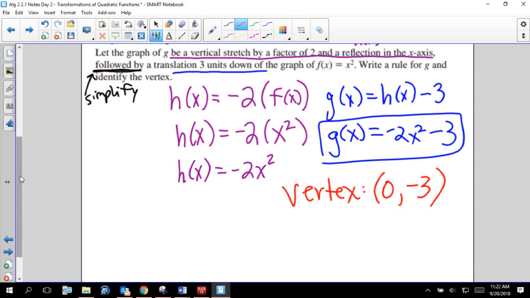And you can also ask them questions, since it's student practice, but it's not a test or anything. So you're doing the equation and a vertex.